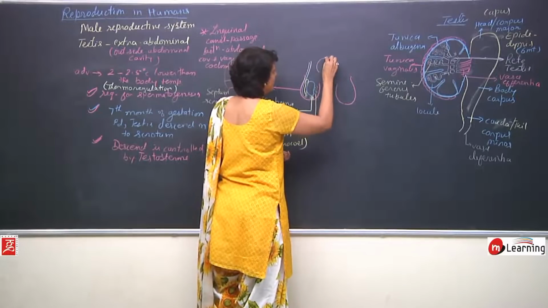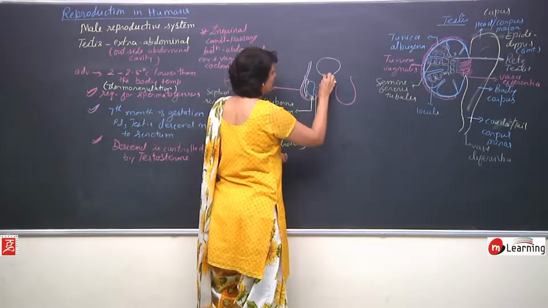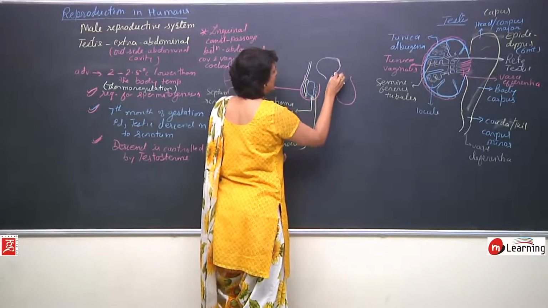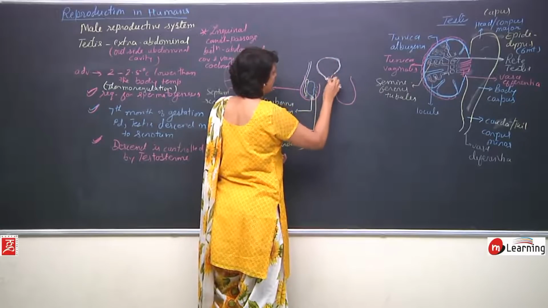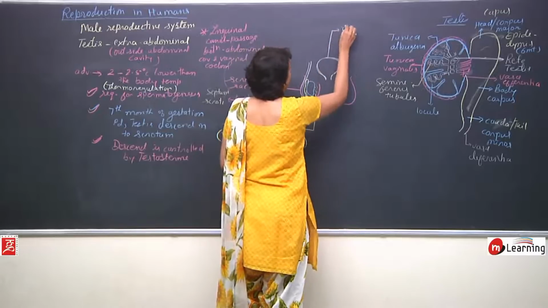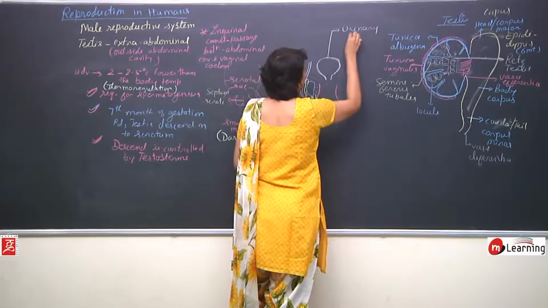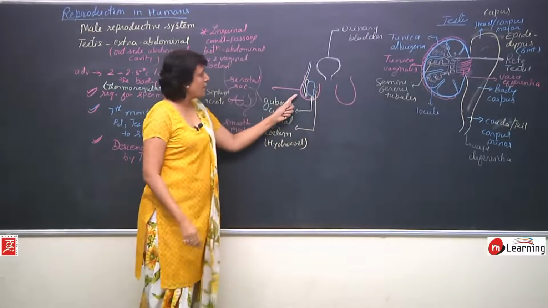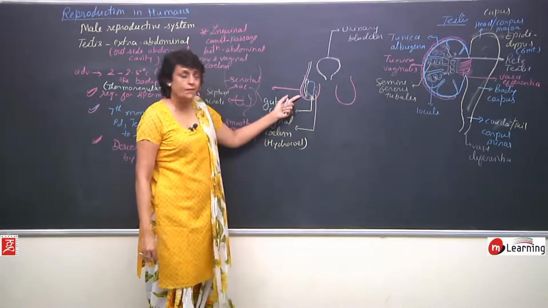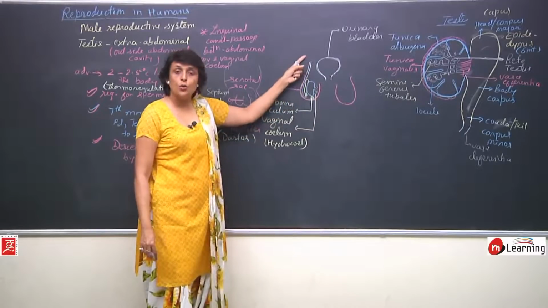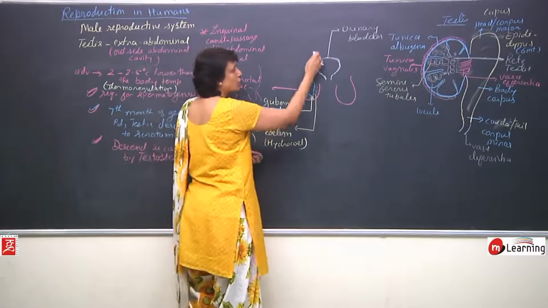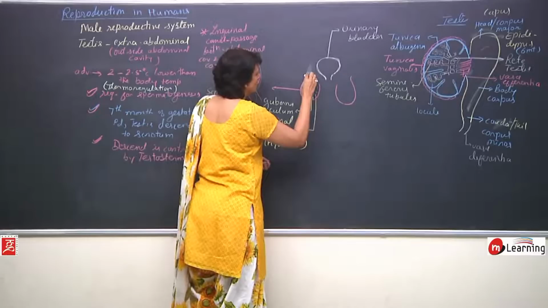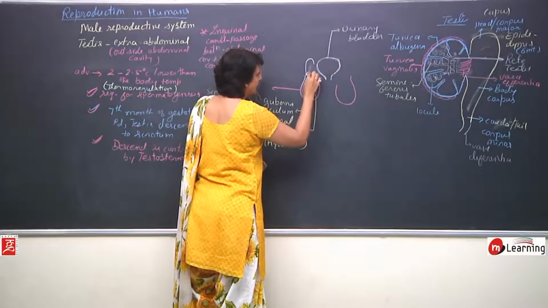So this vas deferens, or vasa differentia, ascends, goes into the abdominal cavity almost up to the top of the bladder and then turns downwards. So it goes up and then comes down.